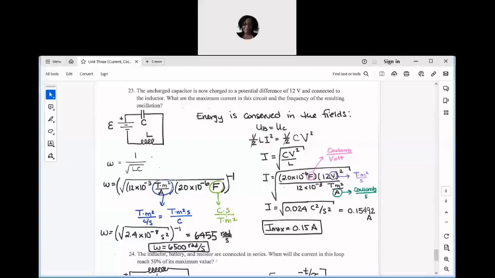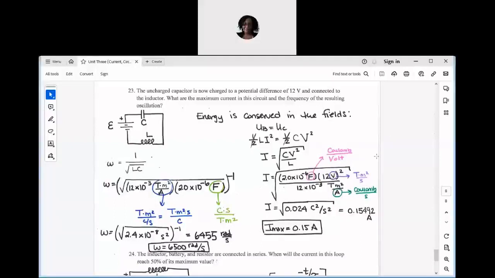So 1 over a volt is seconds over Tesla meter squared. And you're going to get cancellation of everything except for the 2 seconds that are in the numerator. When they're underneath the square root, they're just going to yield seconds. And you're taking a reciprocal of all of this. So this is radian per second. So to 2 sig figs, it's 6,500 radian per second.